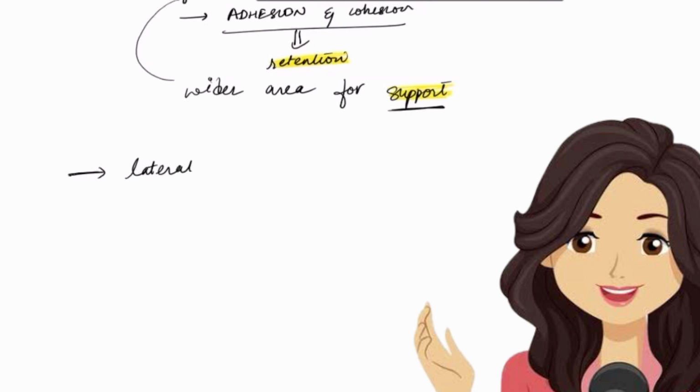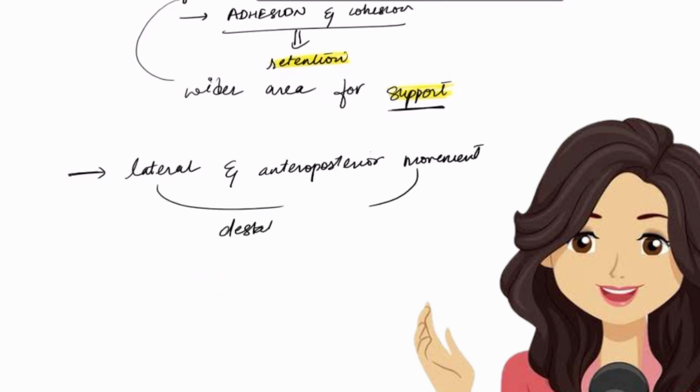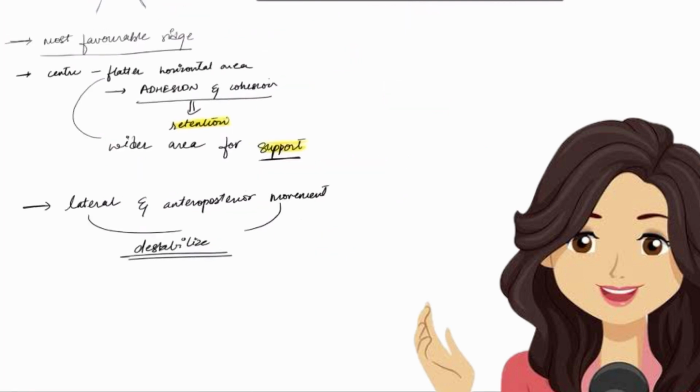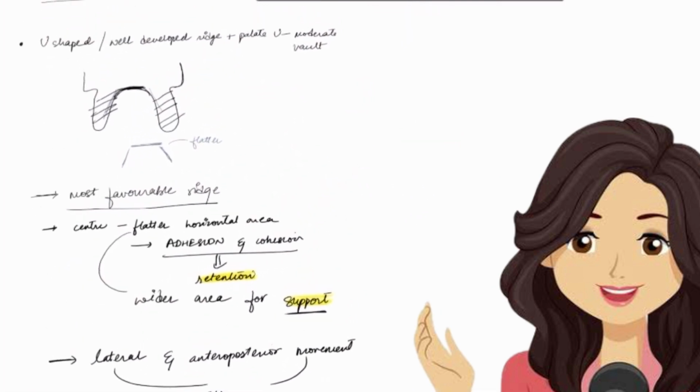They will resist lateral and anterior-posterior movement of the denture. Any movement that will destabilize the denture will be prevented by the vertical walls of your residual alveolar ridge. So overall, three properties, retention, stability and support, are all very nicely fulfilled by your U-shaped ridge.